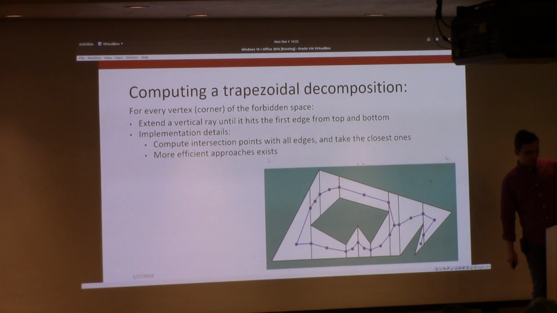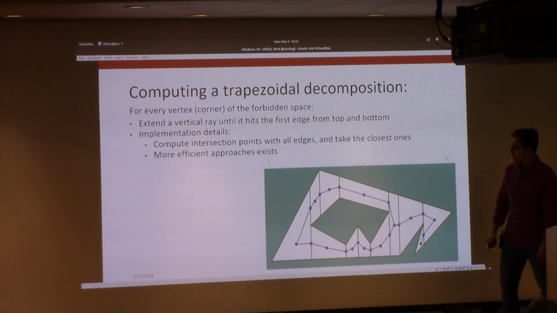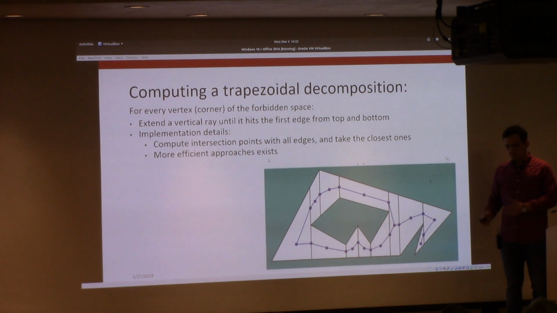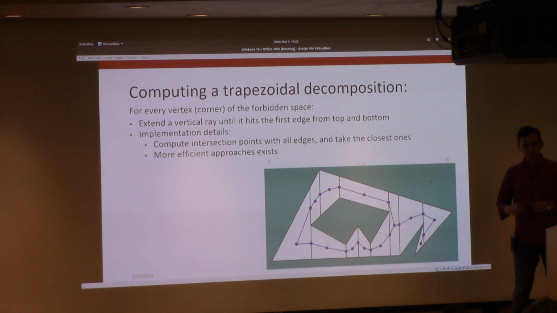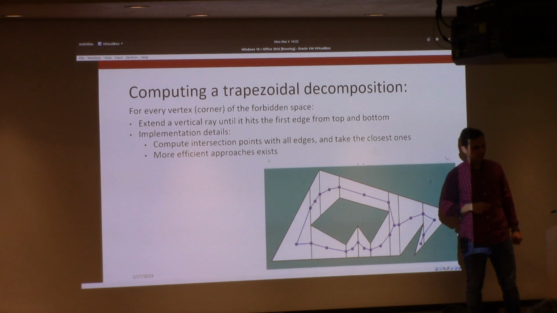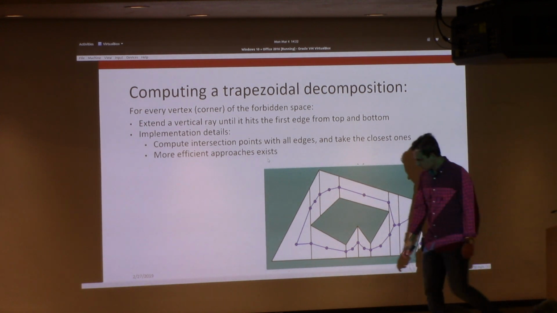So just to make sure that the details are clear, those algorithms that, for instance, compute this trapezoidal decomposition are quite complex eventually. But just to give you an intuition how one would compute such a decomposition, we do the following thing.